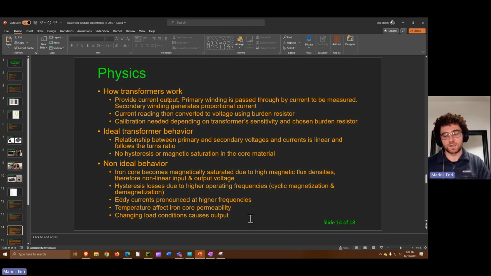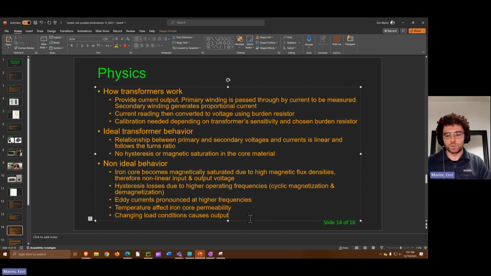Many times, again, we're assuming a perfectly linear transformer, but there is loss due to various factors: heat, frequency, skin effect, and so on.